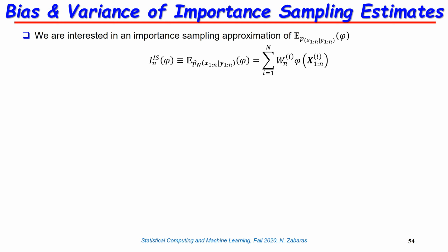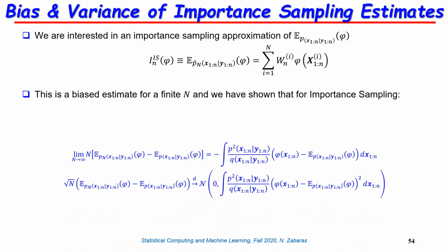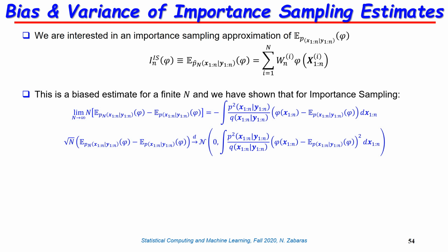And then, of course, by adjusting the notation from the delta method, we can compute the bias of this importance sampling approximation. And again, a reminder that the importance sampling approximation is biased. The bias is 1 over n times this integral. Okay, and I have written the formulas here explicitly.